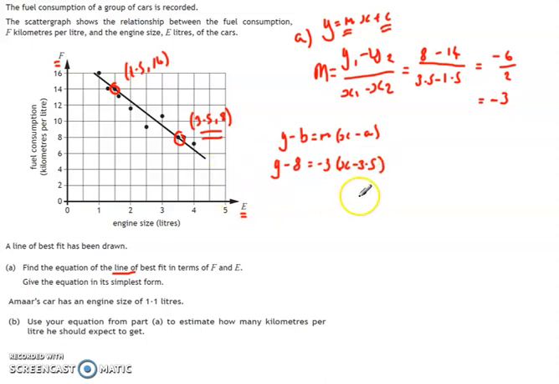We then multiply out the brackets, move everything about and get it into this form, the y equals mx plus c. So I'd have y minus 8 equals negative 3x. I'd then have negative 3 times negative 3.5, so plus 10.5. We then shift it about and I get y equals negative 3x plus 18.5.